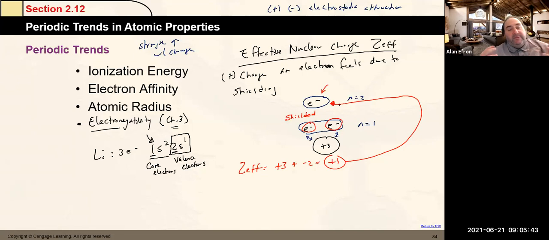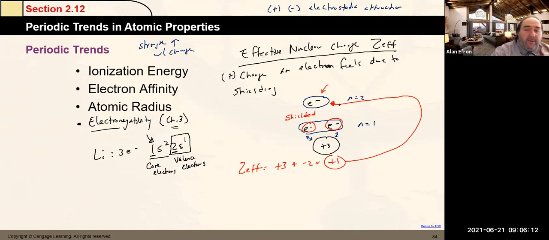Remember that the strength of the positive-negative attraction is based on the charge, so the larger the charge, the more strongly it's held. In comparison, the valence electron, which is further out, only feels a +1 attraction, as opposed to those core electrons, which feel the full brunt of that +3 charge, so they're very much attracted to the nucleus.